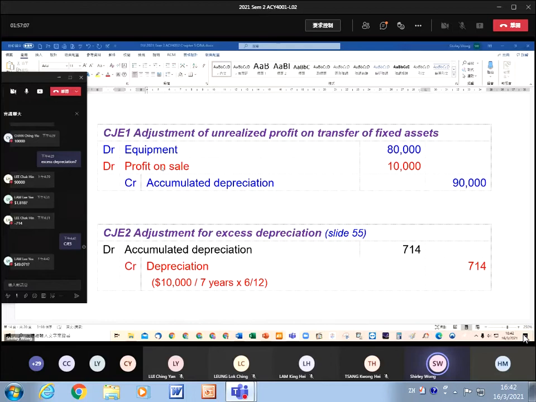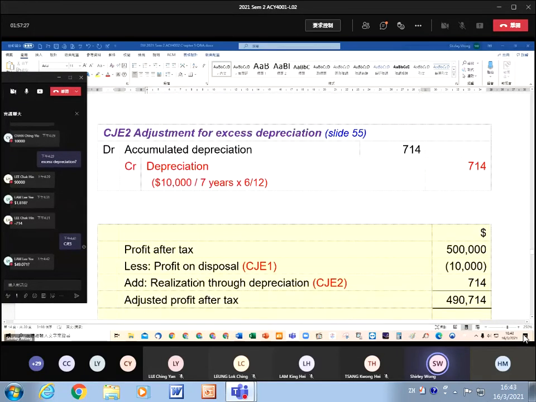Therefore, the treatment will fall on who transfers to whom. In this case, it is upstream, so subsidiaries transfer to the holding company. First of all, it will reverse all the profit. But as the time passes by, the profit will be put back into the income statement and realized through depreciation.